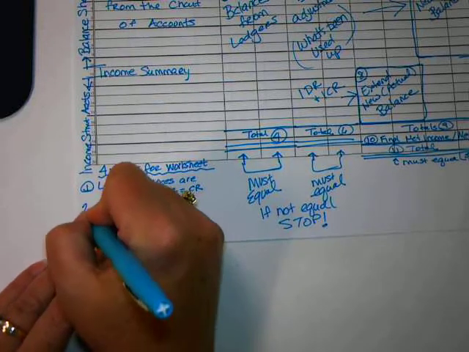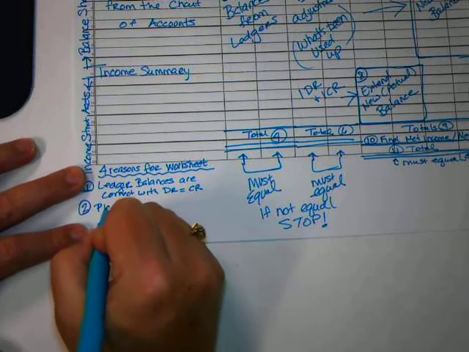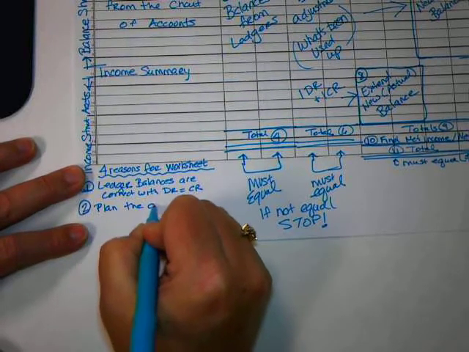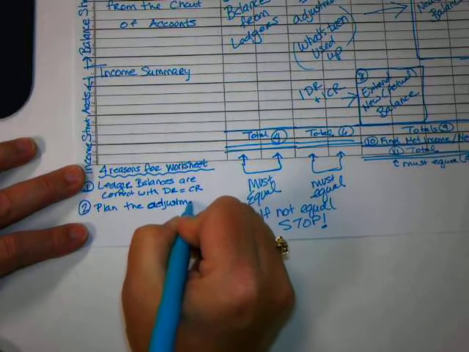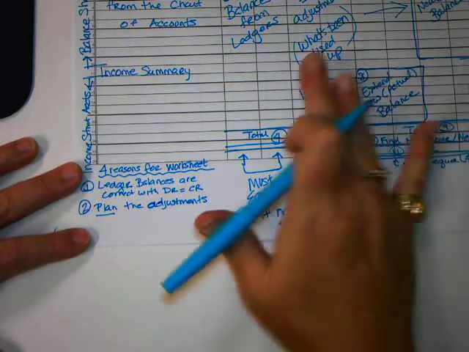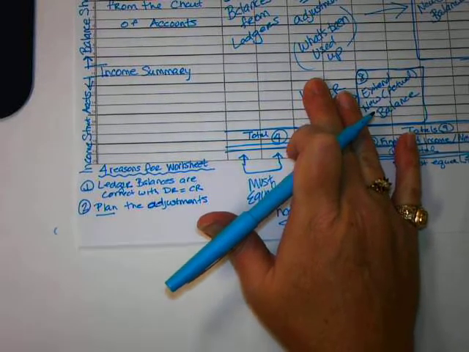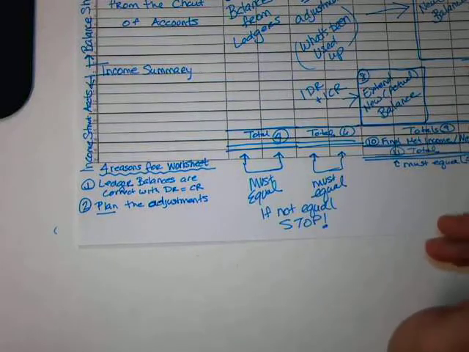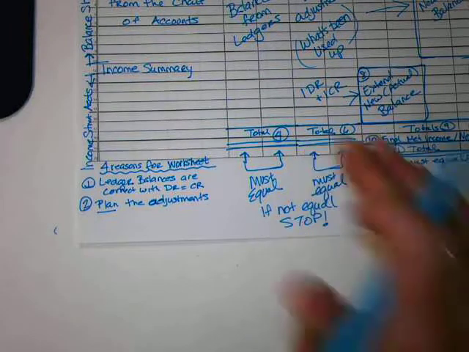Okay, the second reason we want to do a worksheet is to plan the adjustments. And again, the word plan is there because just because we put them here doesn't mean that they're official yet. We've got to go put them in the journal. That's our accounting document. Okay, this is just planning them, figuring out what they are.